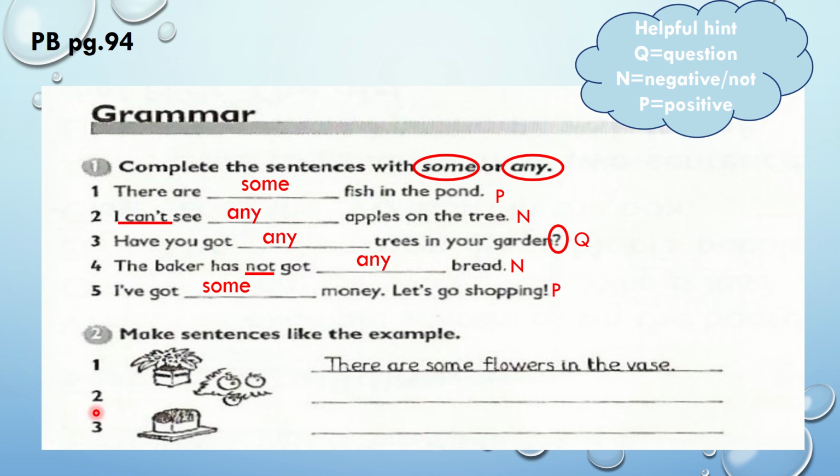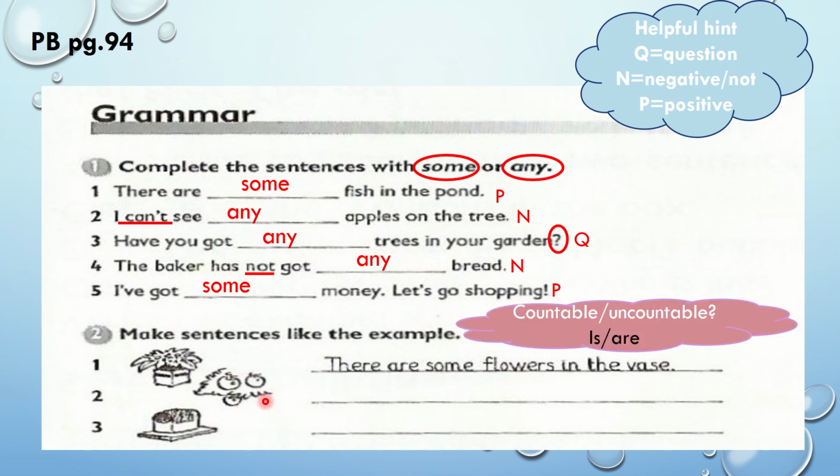Let's have a look at question number 2. The picture that we see here is a tree with some apples on them. So our sentence will then be, remember our countable and uncountable, we use is and are. So here we have the apples and our sentence will then be, there are some apples in the tree.